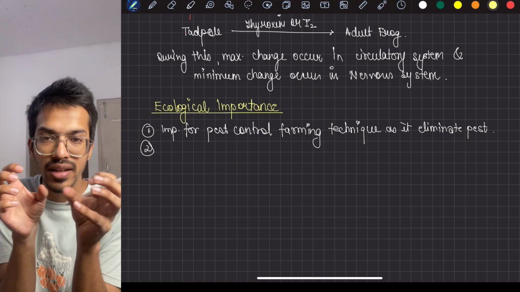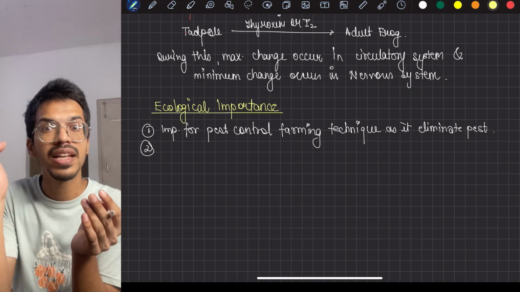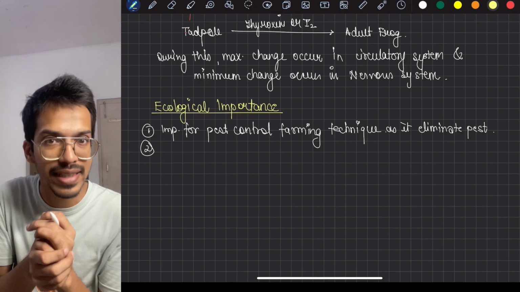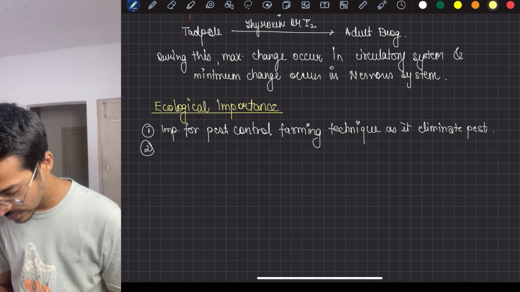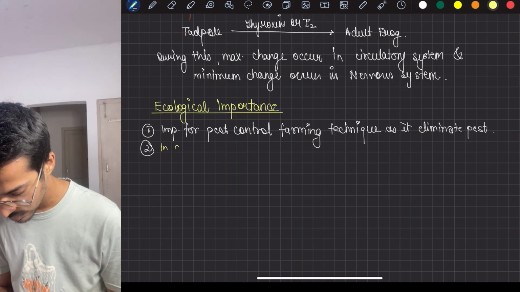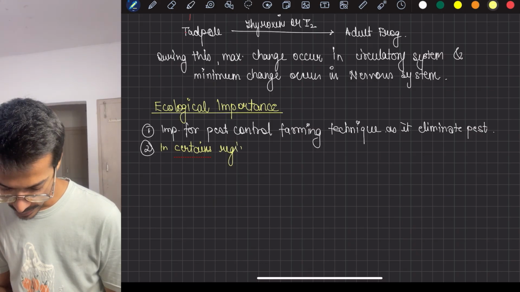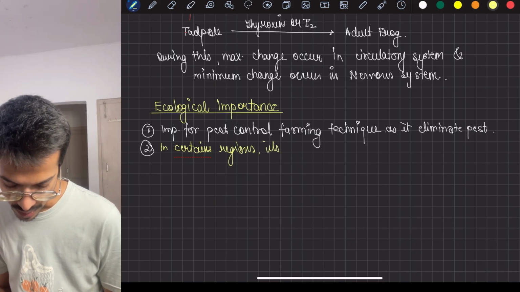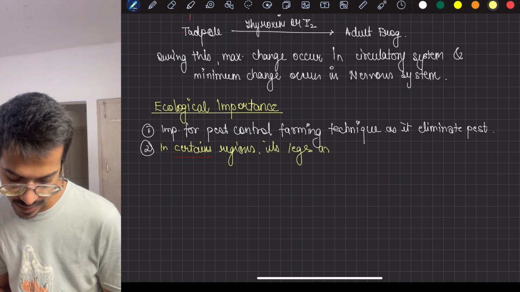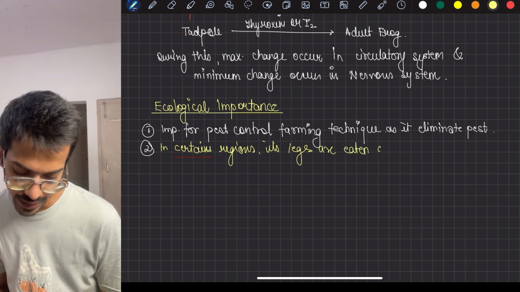In Japan the legs are eaten as a delicacy, but in France the whole frog is eaten as a delicacy.